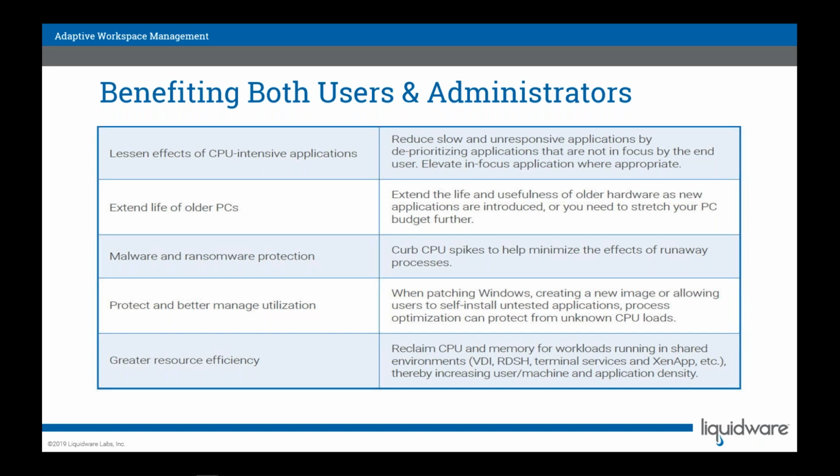From an unplanned standpoint, things like malware and ransomware, some of which are orchestrated or designed specifically to consume background resources and essentially hold a PC hostage. We are very successful in finding those and mitigating the effects of those.